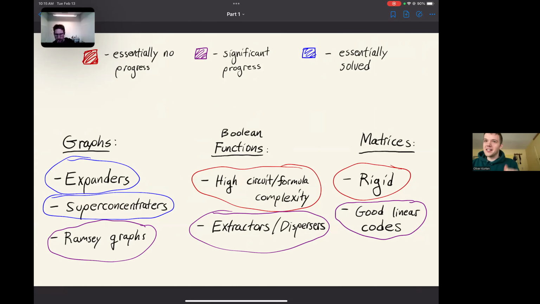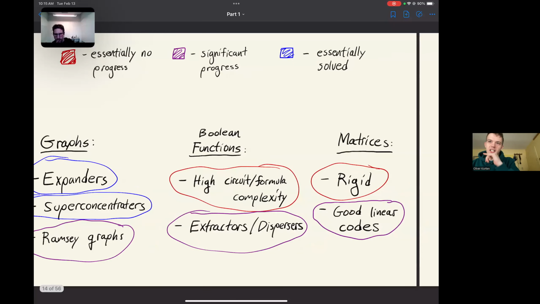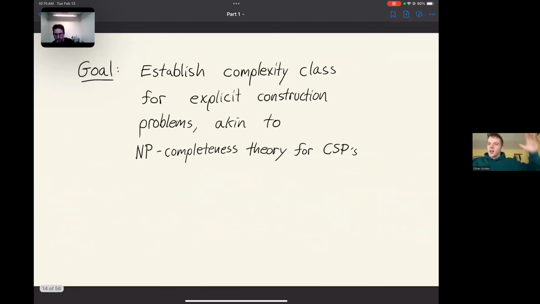However, we essentially have an idea how to beat the non-constructive argument. For the ones in purple, there's very significant progress, but there's still a significant gap from the non-constructive arguments. And then in this case, we've essentially solved this with years of hard work. And so the question that I'm trying to address here is, can we establish a unified complexity theory to address these explicit construction problems?